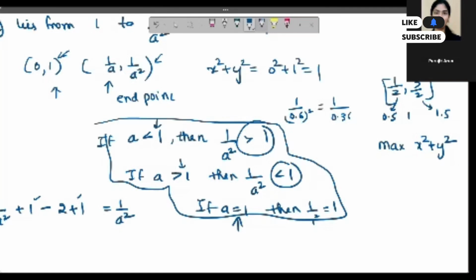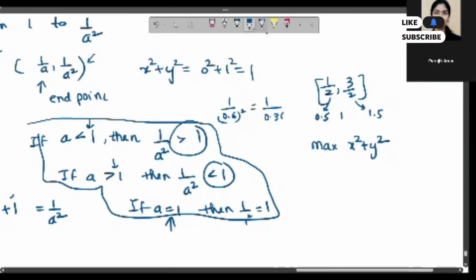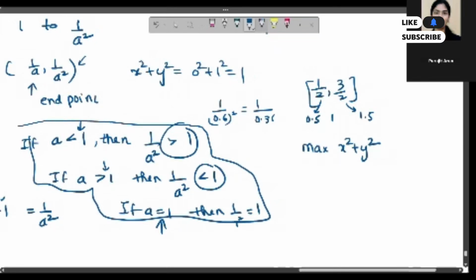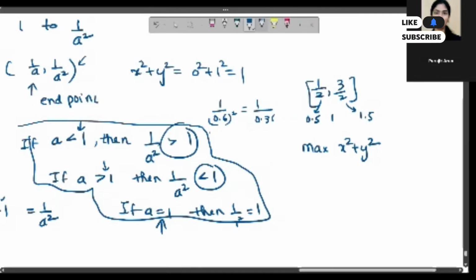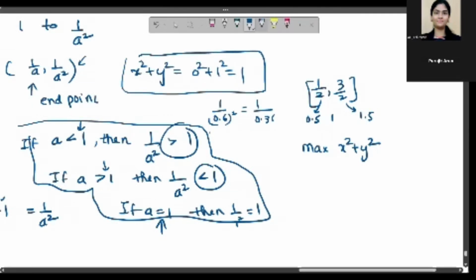Does this make sense or not? So once I get these values, my purpose is to maximize x square plus y square. From the first value 0, comma 1, I got this x square plus y square. Ma'am, what will maximizing mean here?